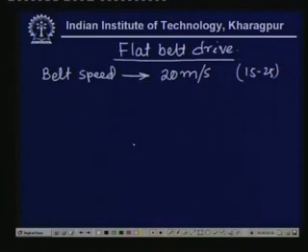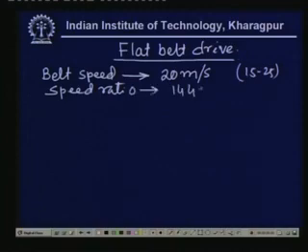Let us choose this one. Now the speed ratio, or the velocity ratio, comes out to be 1440 by 900, and that comes out to be exactly 1.6.